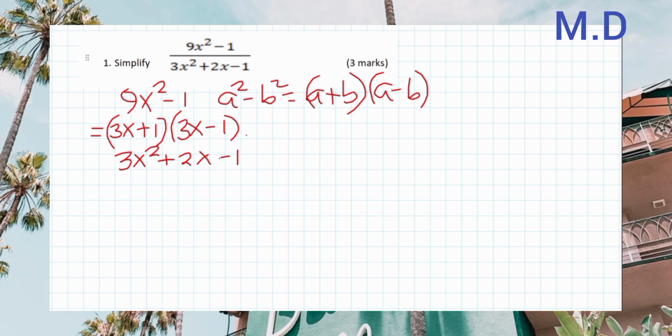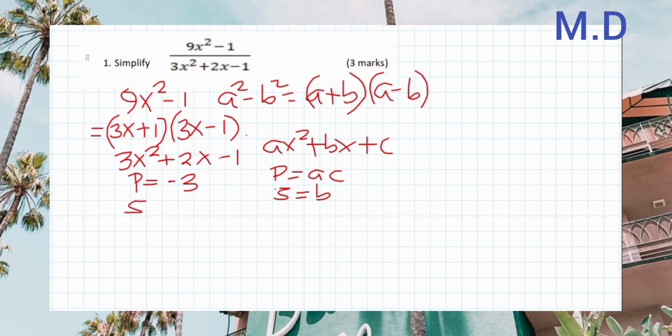For any general quadratic expression ax² + bx + c, in order to factorize, we need to look for two factors whose product is equivalent to ac and whose sum is equivalent to b. In our case, the product is −3 and the sum is 2. So the two factors are 3 and −1.